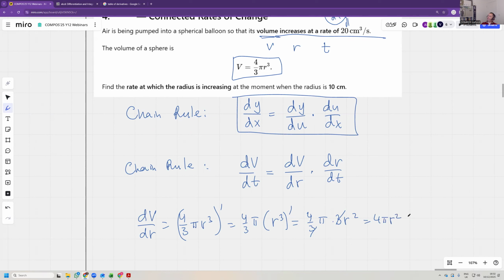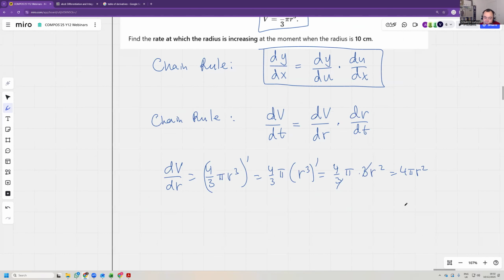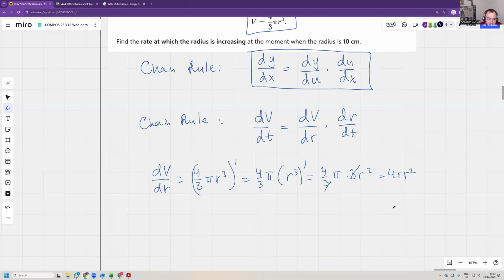It's actually the expression for area, and it's not a coincidence. So we found dV/dr is this expression, so we can plug it in here. So dV/dt is 4 pi r squared multiplied by dr/dt.